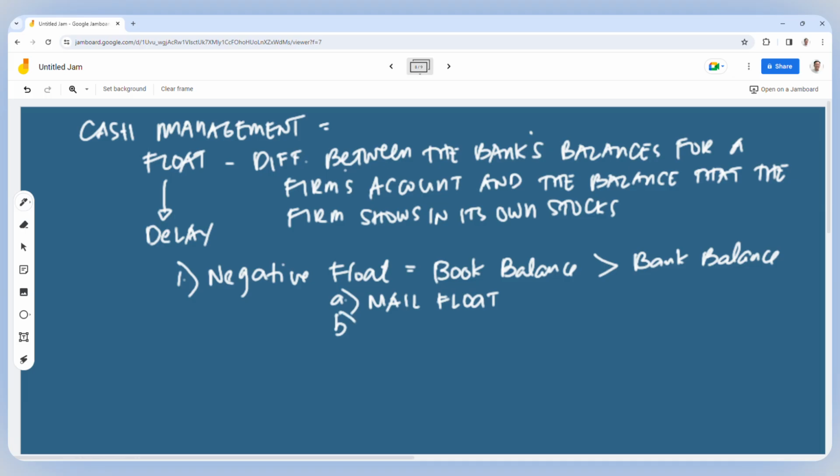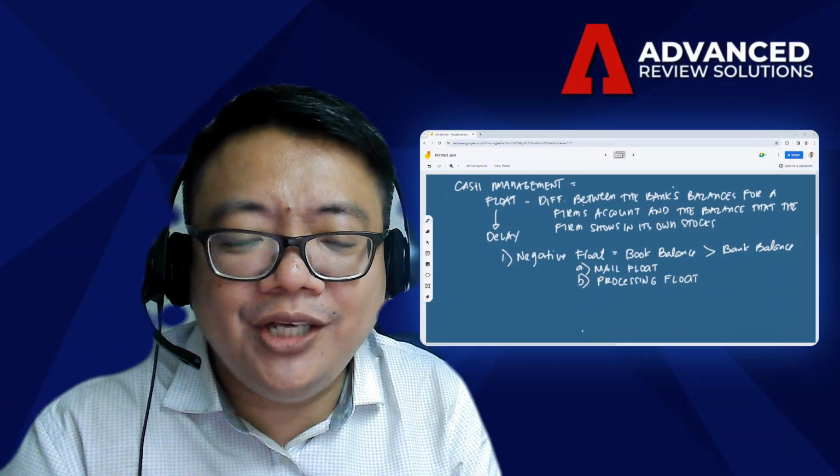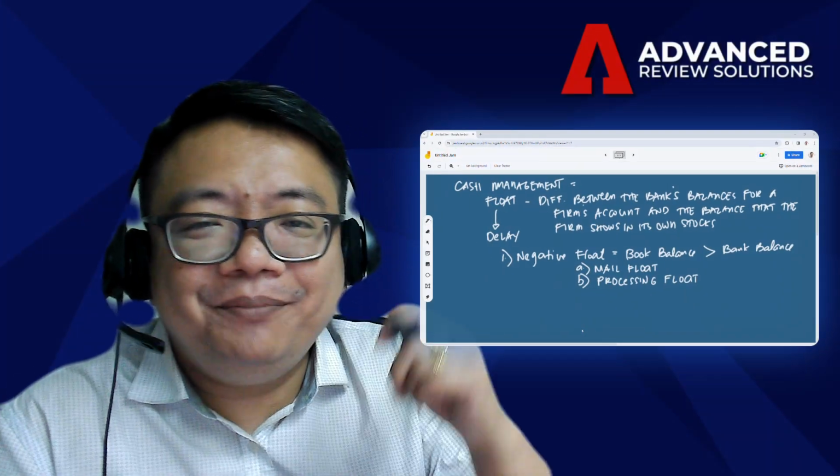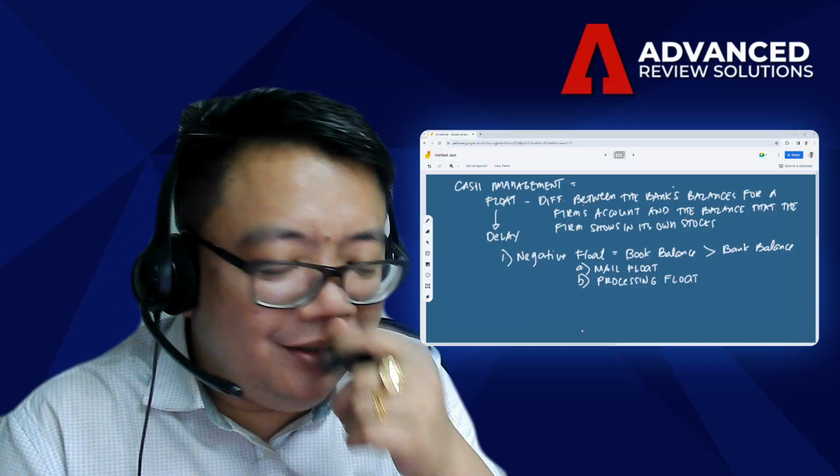No? And letter B, we have also here tinatawag nating processing float. No? So what do you mean here of processing float? Peso amount of customer's payment that have been received by the seller but not yet deposited. Anong ibig sabihin yan? Nasa drawer lang yung cheque, di ba? Nako, tinamad.